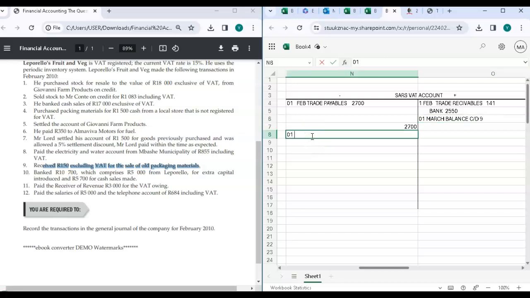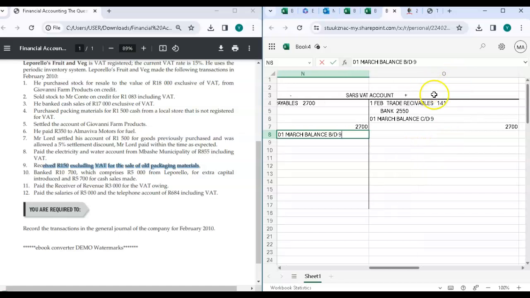So 01 March, balance brought down, it's 9 rand, and it makes sense because 141 plus 2,550, it's 9 rand short of 2,700. Okay, 2,700 minus 141 minus 2,550, yeah, it's 9.